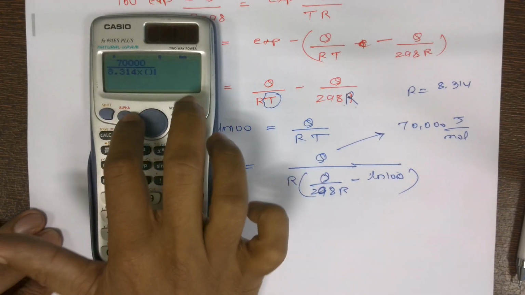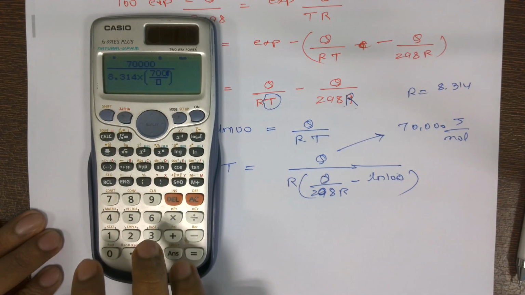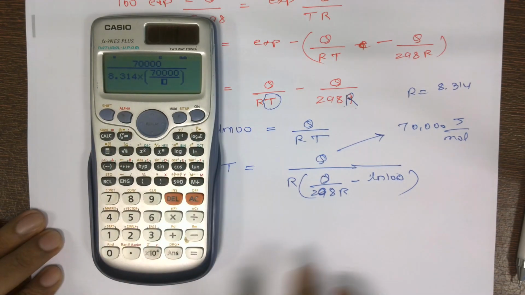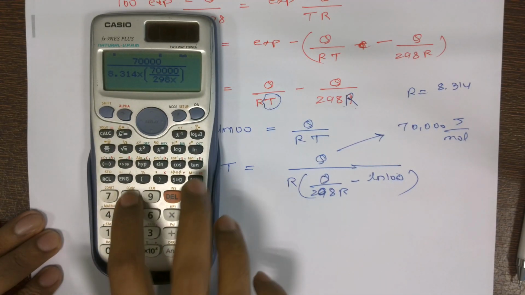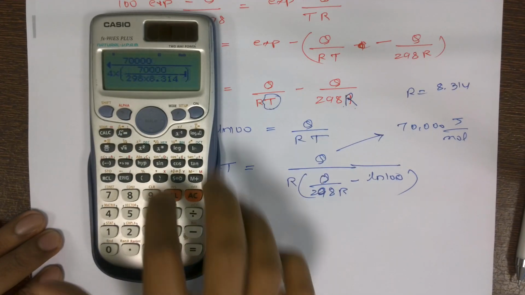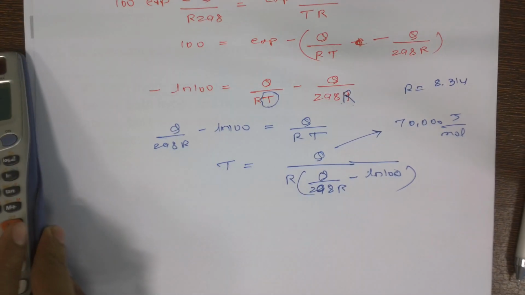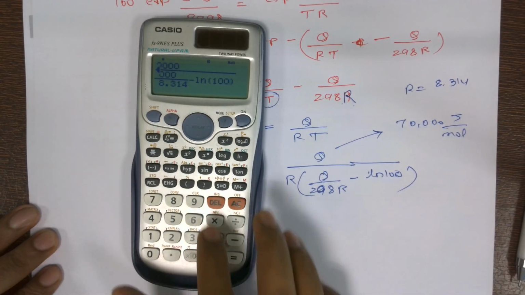I have to multiply it with this entire term, that is Q, which is again 70,000 divided by 298 multiplied by R, 8.314, and minus ln 100.